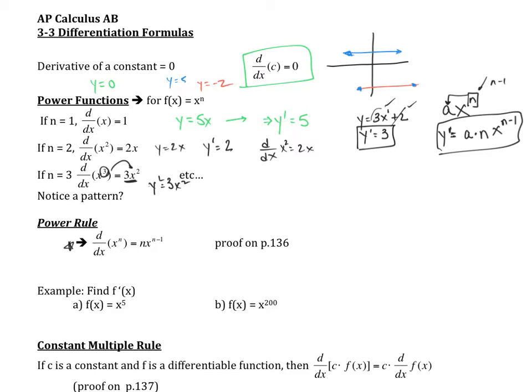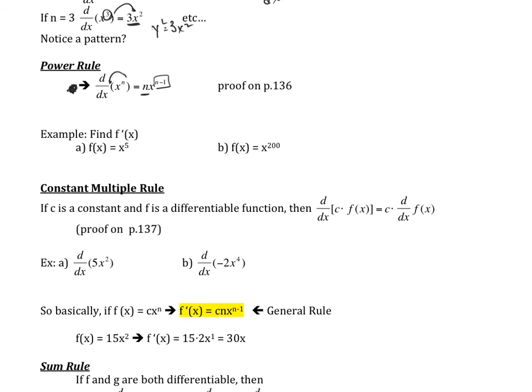And you're going to take whatever constant you have in front, and this is not written as a constant, it's just to the n times whatever you have in front, and then you're going to subtract and bring it down a power. So let's do it to these examples right here. So over here, find the derivative.